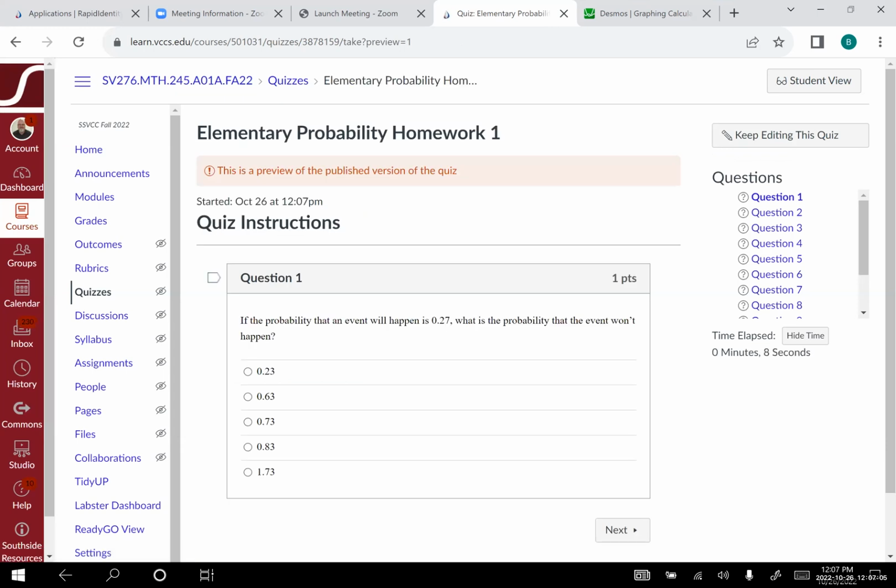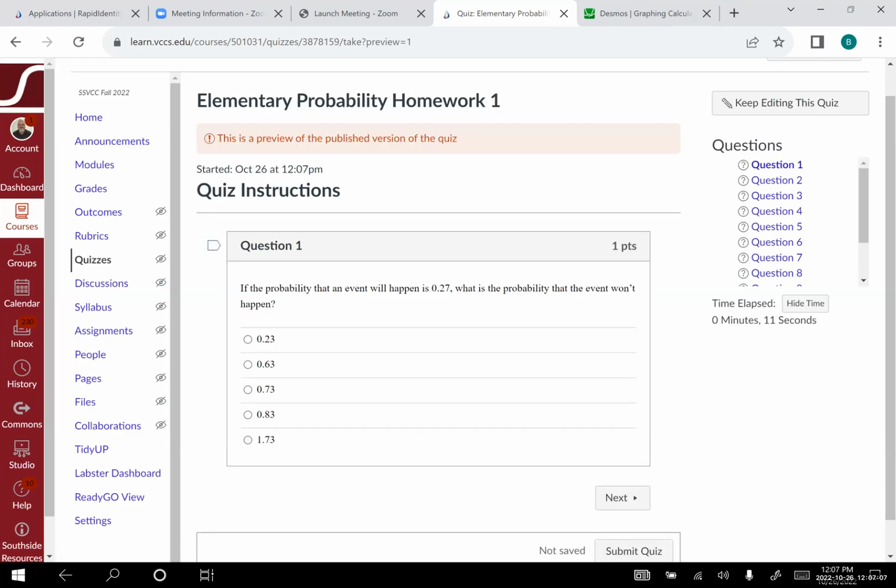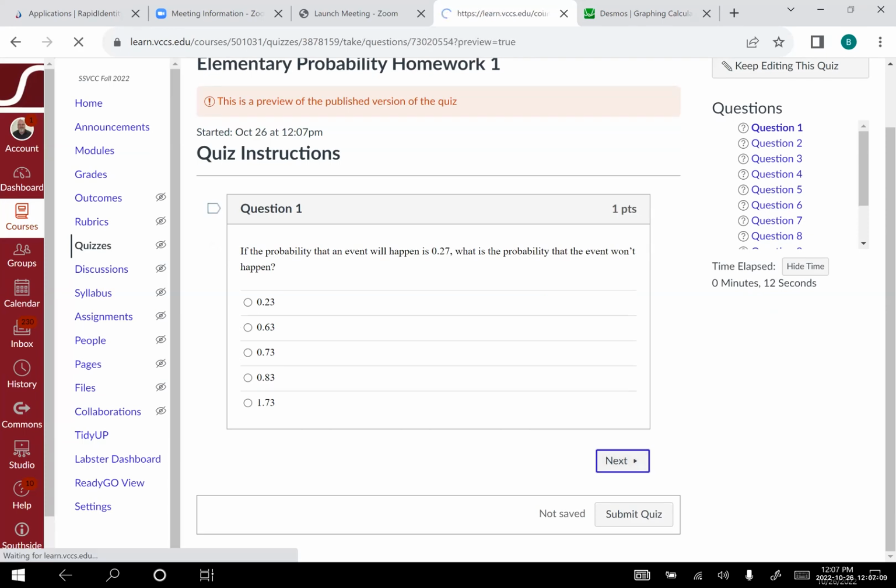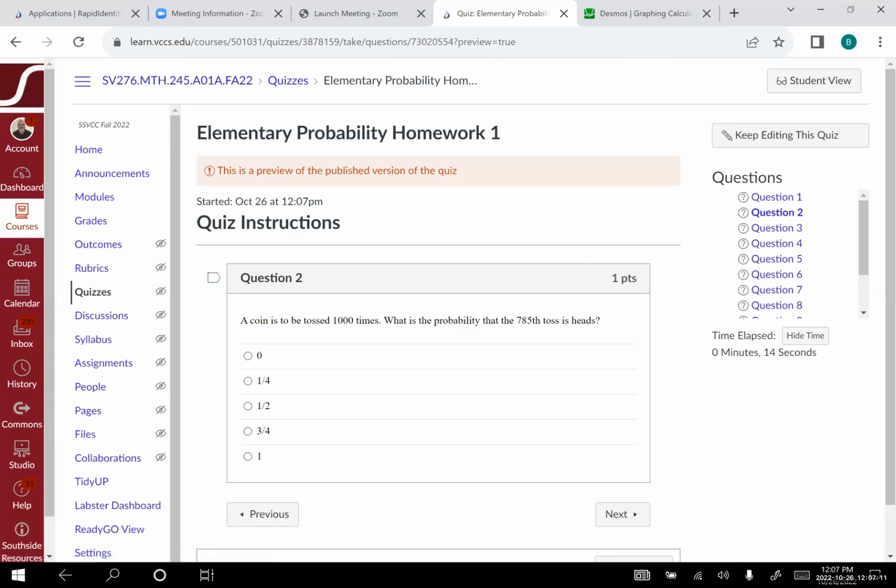So what we did at the end of last class and what we're doing now is the homework assignment. So it does count for a grade. So make sure you get the answers as we go through them and you actually go in and complete the assignment.